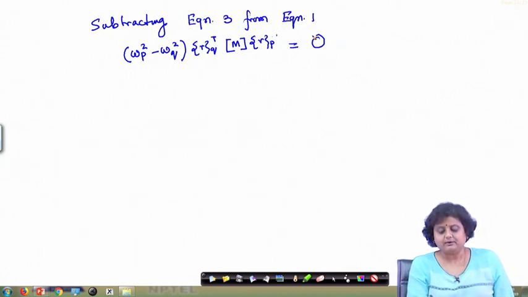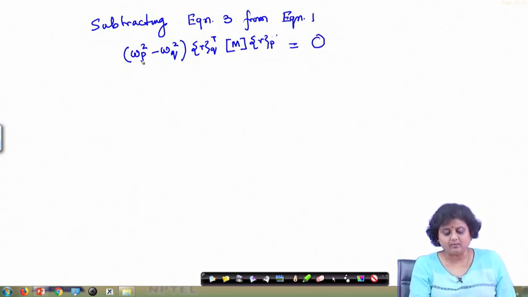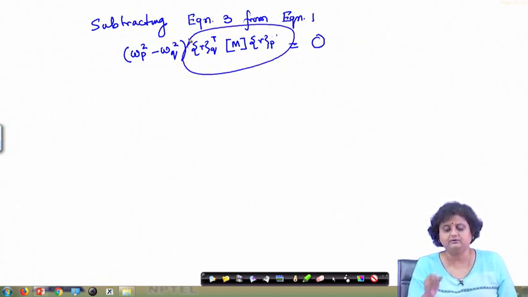Okay. So, from this equation we can say that either omega p square minus omega q square has to be 0 or this expression has to be 0.